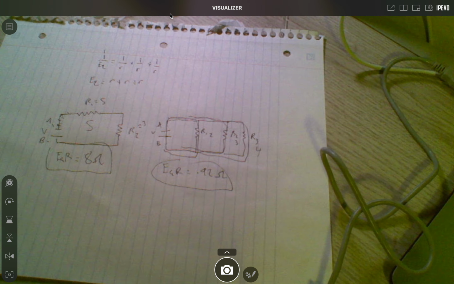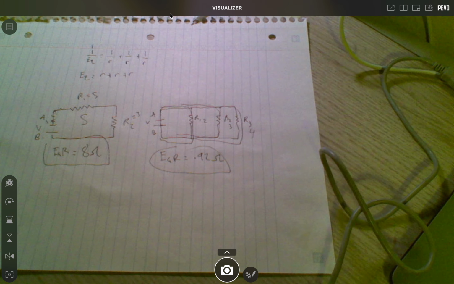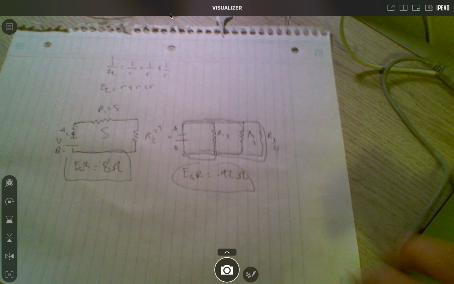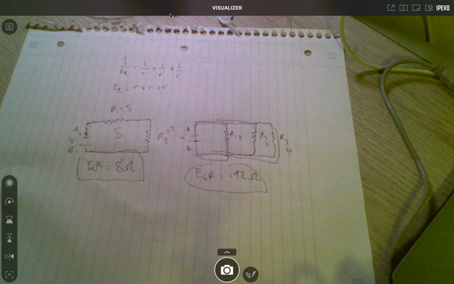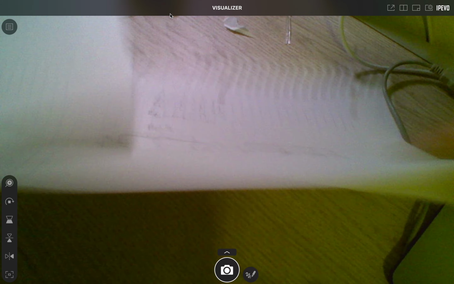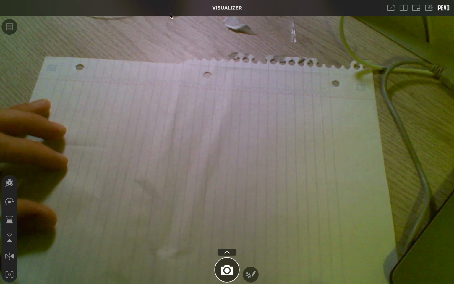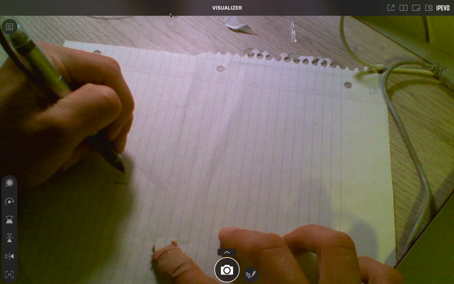So it's super straightforward when you look at it like this, but it gets a little more complicated when we are looking at series and parallel in the same circuit. Something with a mixture of both in a circuit would look something like this.